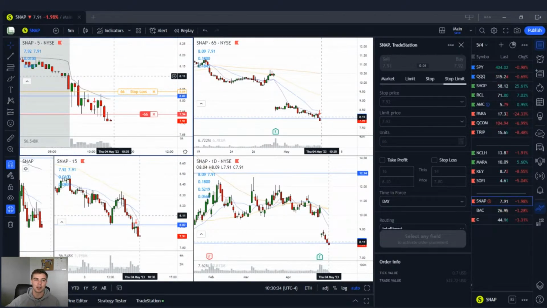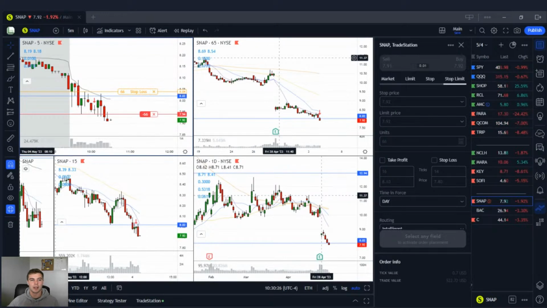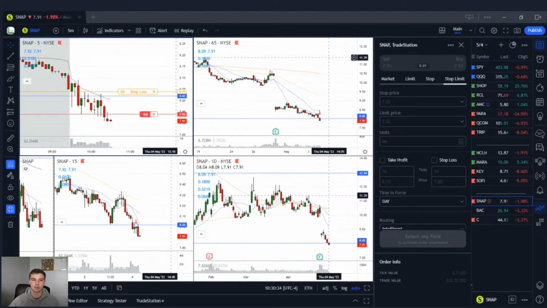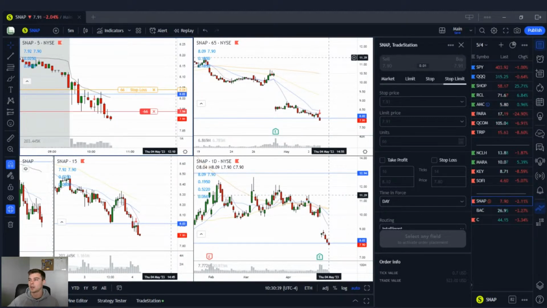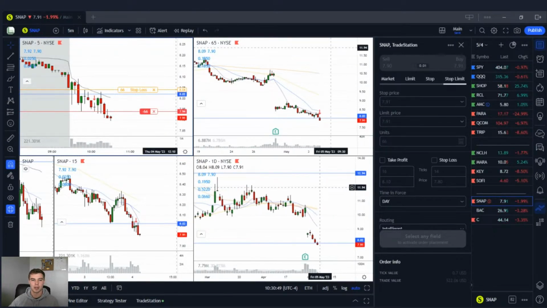Every single indicator in the world is a derivative of price and or volume. There's not an indicator out there that doesn't use price or volume to calculate whatever it is. So if you understand price and volume, then you can understand any indicator, any chart, any trend.